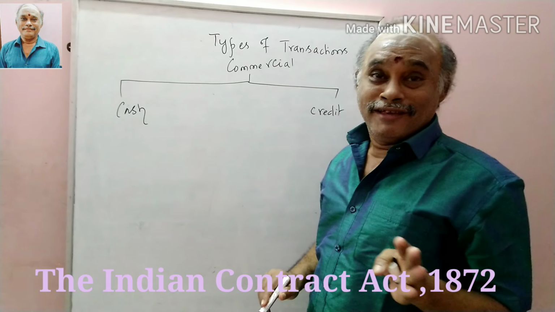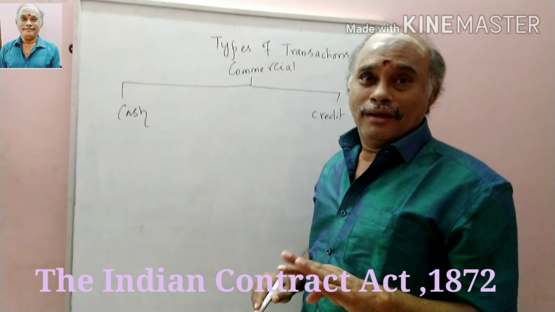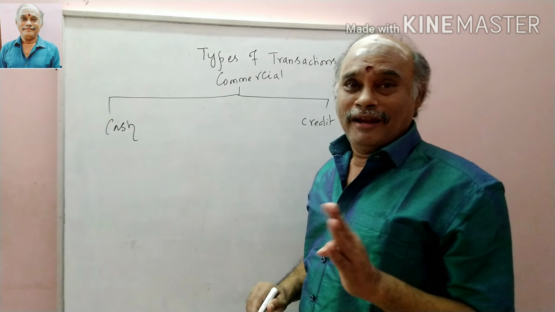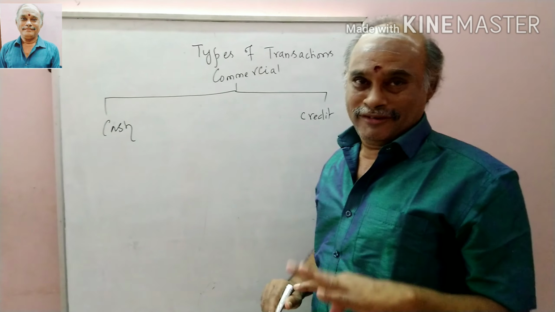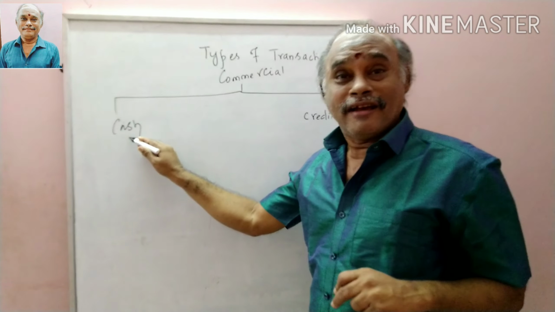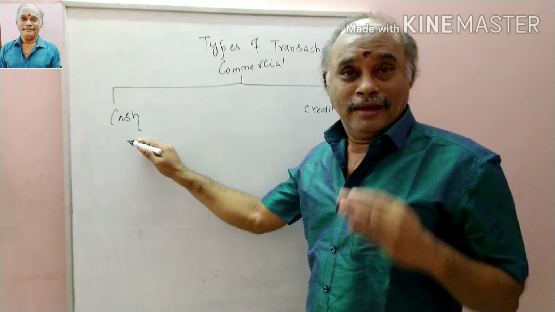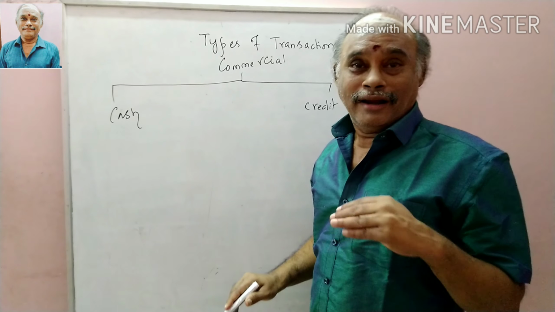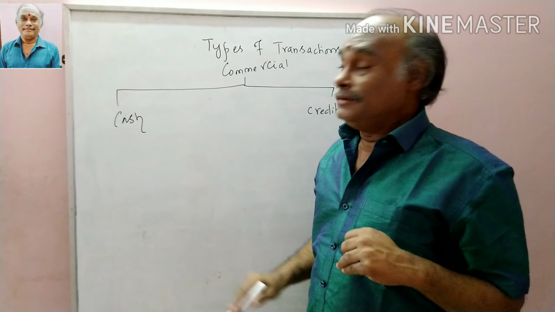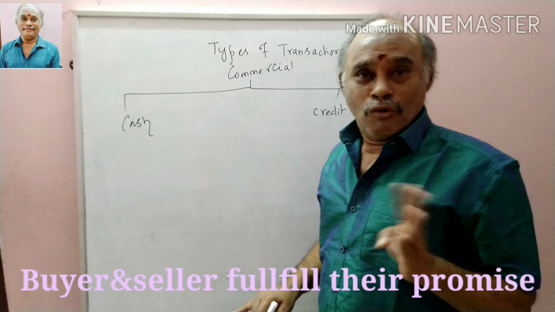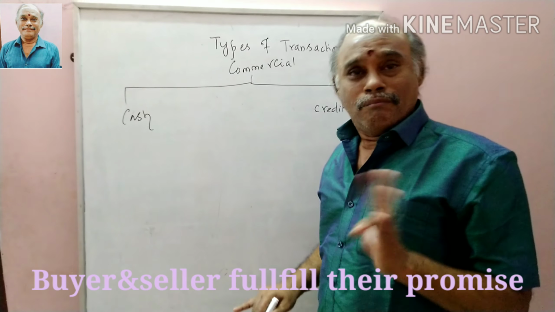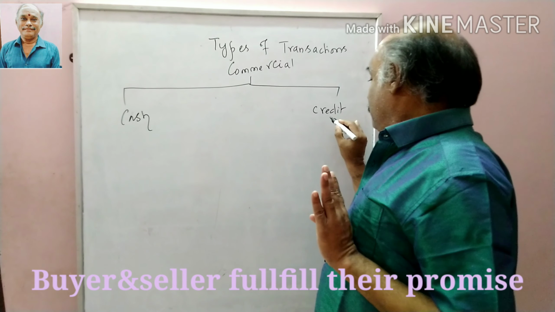When I say executed contract, it means both the parties simultaneously perform whatever their promise. Cash transaction is, as far as the Act is concerned, an executed contract where both the parties fulfill their promise.